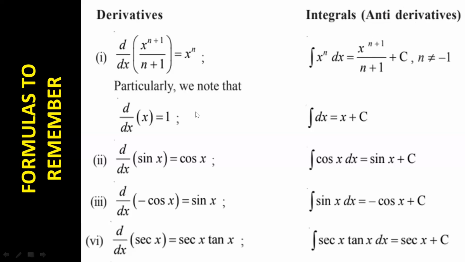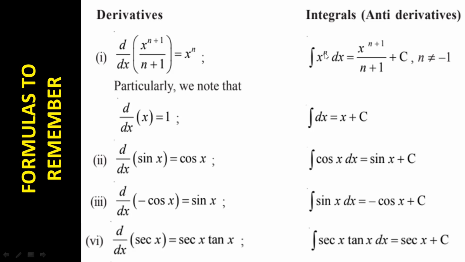The derivative of x is equal to 1, and the integral of 1 is x. We write the constant of integration with every answer. So we must memorize these formulas.